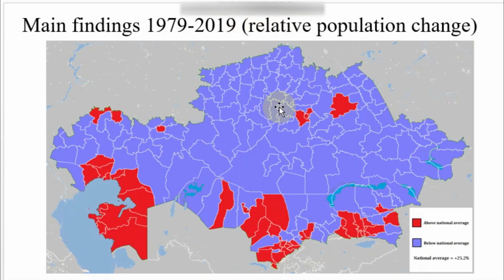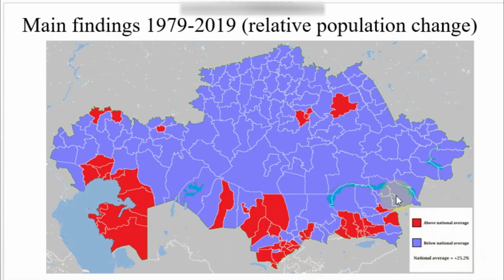and this is also relative population growth shown here in two colors. So the blue areas here are the districts with population growth or decline below the national average rate. That would be about 25%.